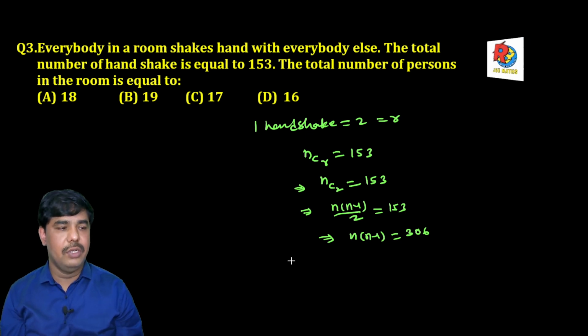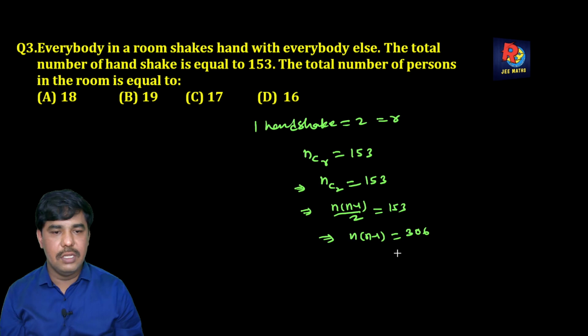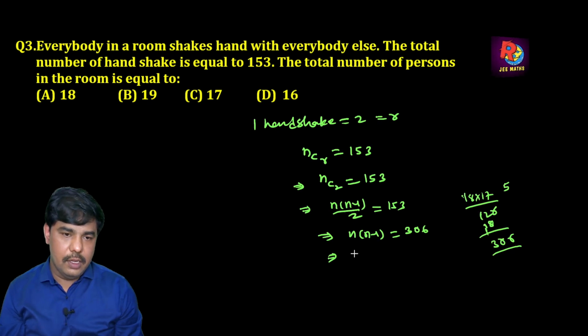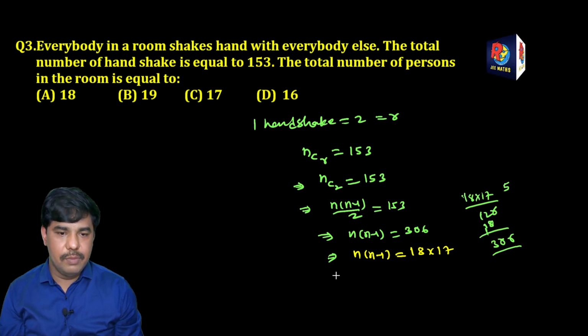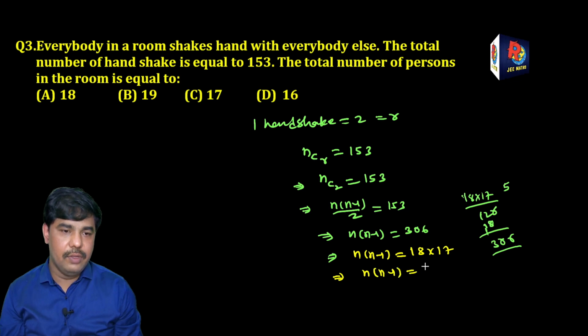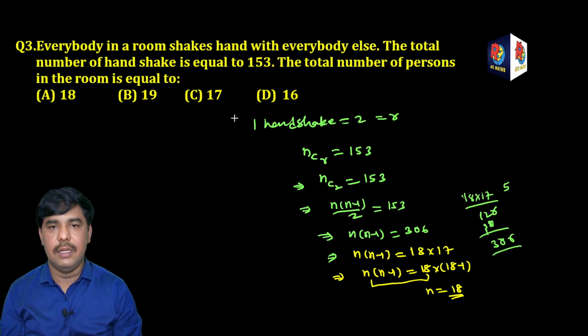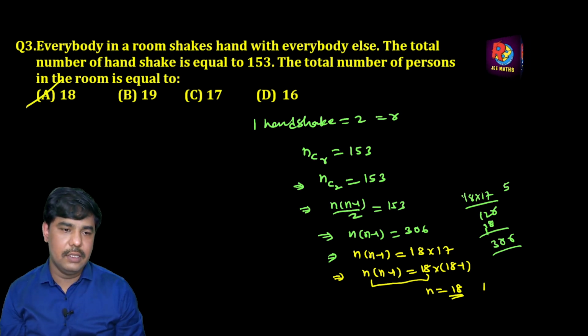If it is 306, I can write 18 into 17. So n into n minus 1 equals 18 into 18 minus 1. So n value equal to 18 is the answer. So option A is the correct answer.